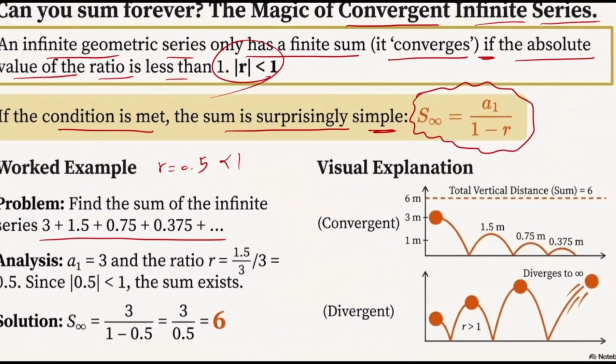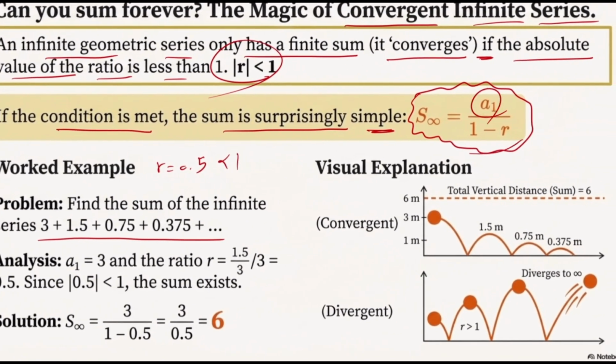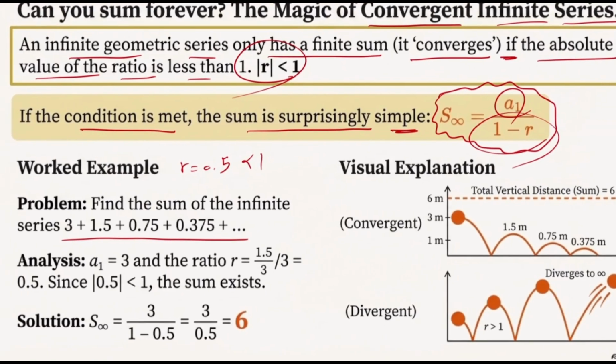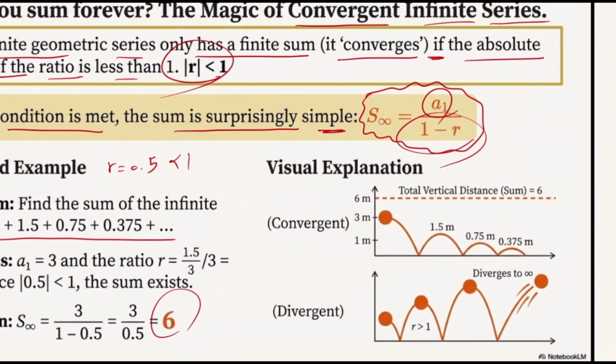So the only thing I have to do is take the first number, 3, divided by 1 minus half, which is going to be 6. It means that convergence is happening: first it was 3, after that 1.5, after that 0.75, and it's going to approach 0.